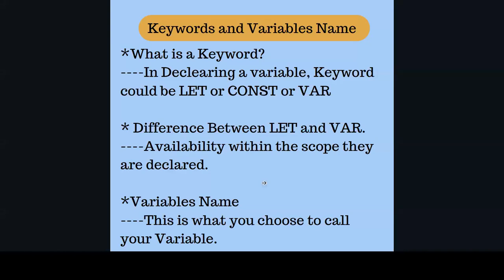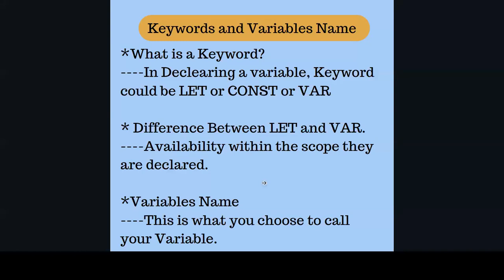So there's a difference between let and var. Maybe I should leave this for later, but it is the availability within the scope that they are declared. JavaScript evolved, right?